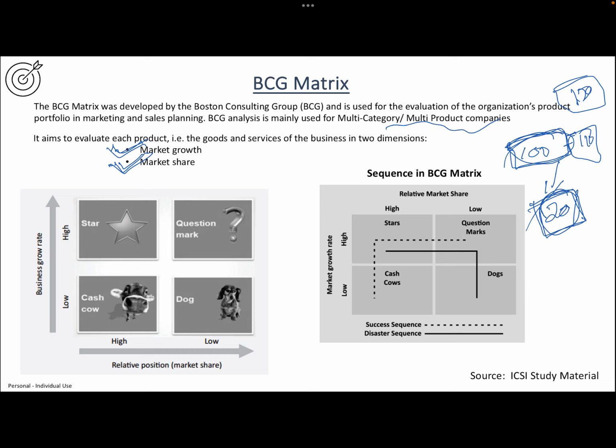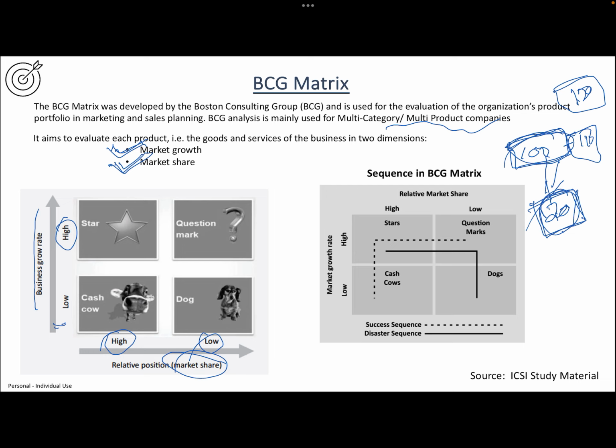Market growth is measured on the y-axis. The bottom is low and the topmost is high. And market share is a relative position: how much is the company's power? That is high in the beginning, and on the right side it is low. Clear, guys?